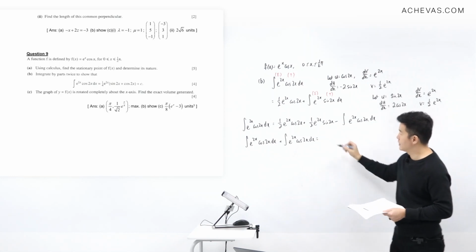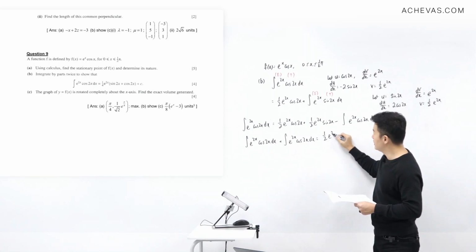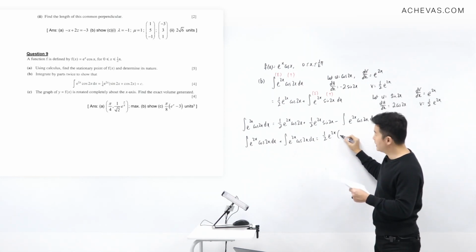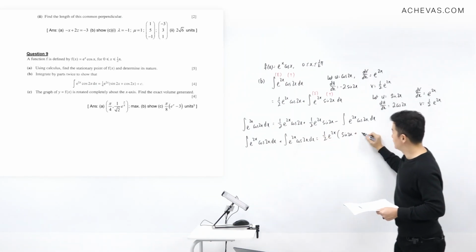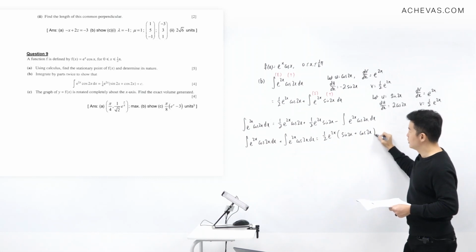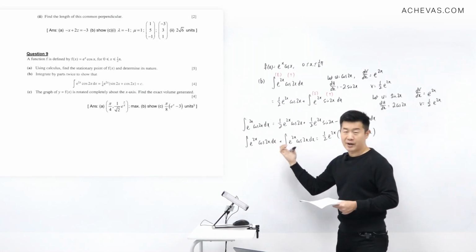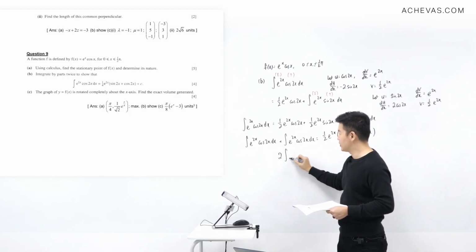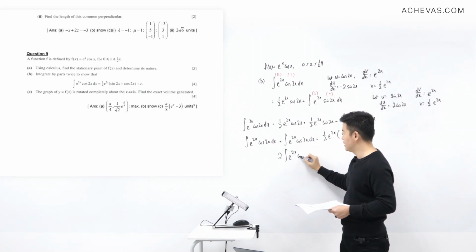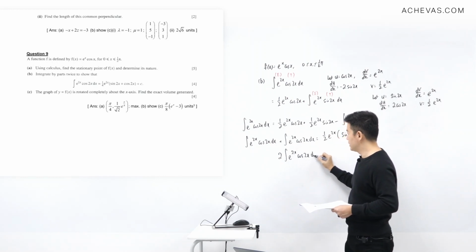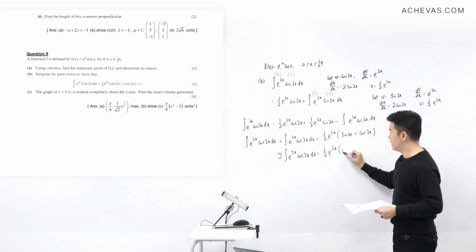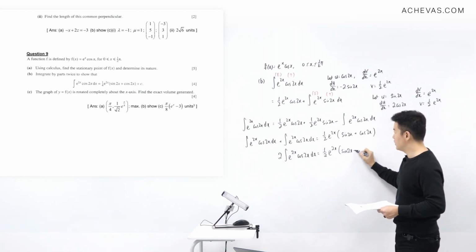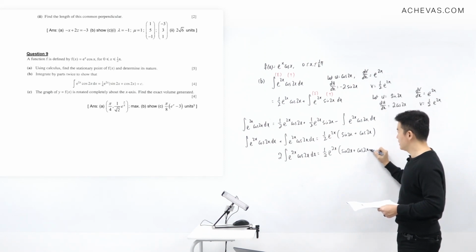I'm going to factorize out half e to the power of 2x, which will then leave me with sine 2x plus cosine 2x. And this can be combined into 2 times the integral of e to the power of 2x cosine 2x dx. This is equal to 1 over 2 e to the power of 2x, sine 2x plus cosine 2x.